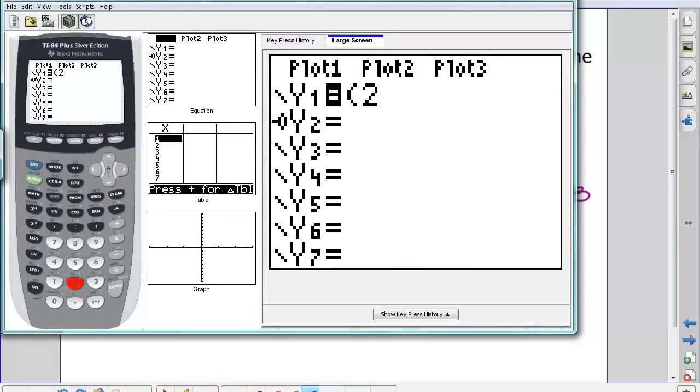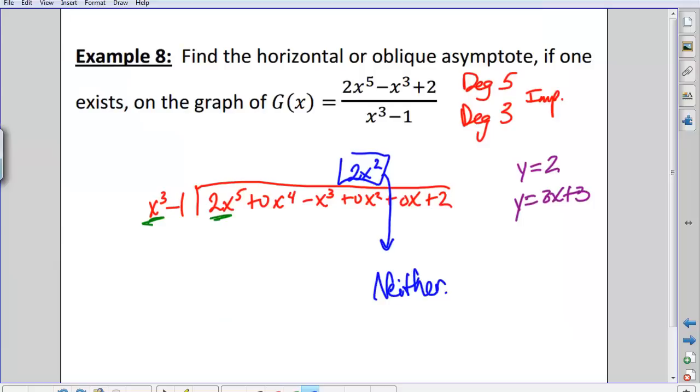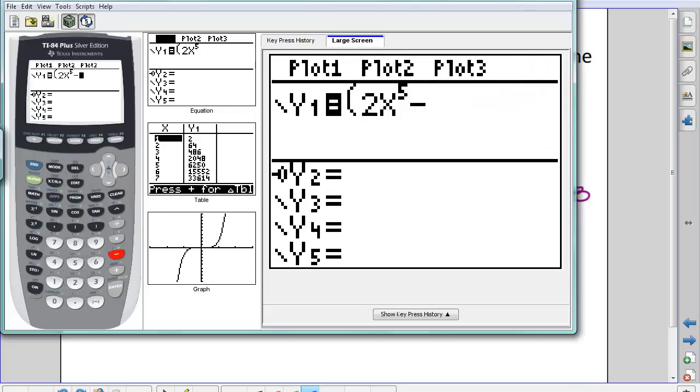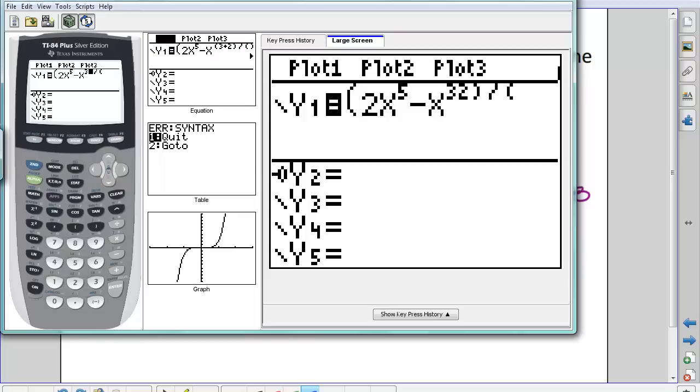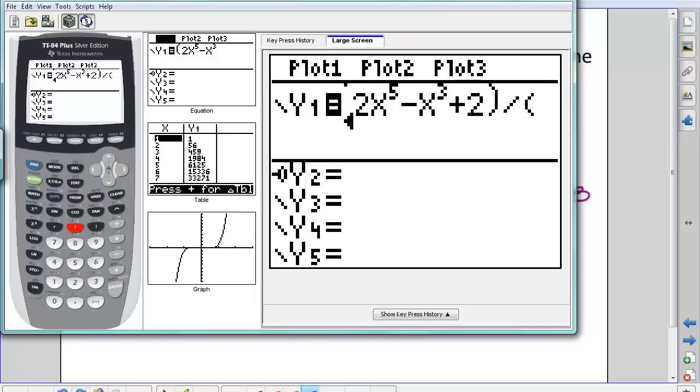So 2x to the 5th minus x cubed plus 2 divided by x cubed minus 1. Let me back up, make sure you don't stay in that exponent there.